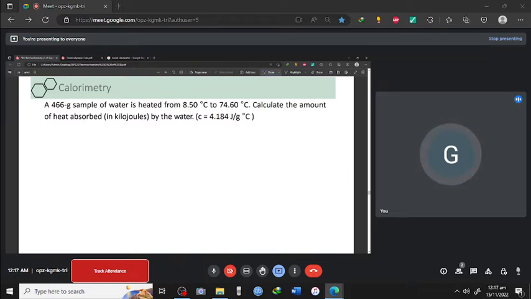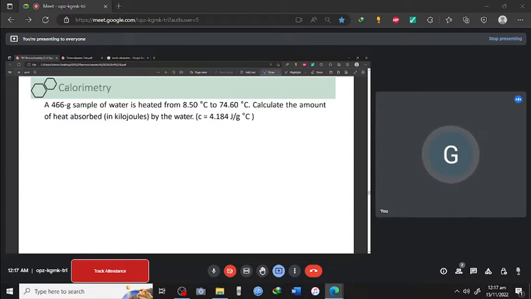Okay? So, as you can see, in this problem, bago natin sagutan, let me ask you a question, no. Anong equation yung gagamitin natin? Yung equation 1 or yung equation 2? Okay? So, kung yung sagot nyo is yung equation 1, then you're right, no? Bakit equation 1 yung gagamitin natin?